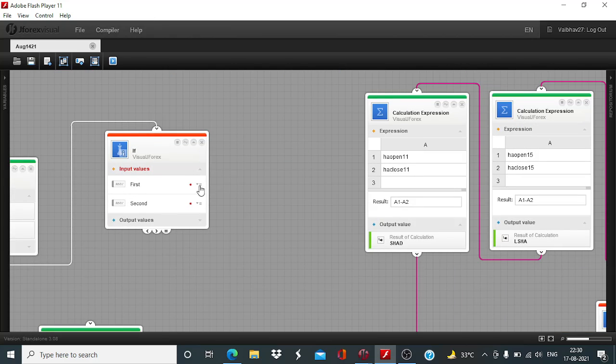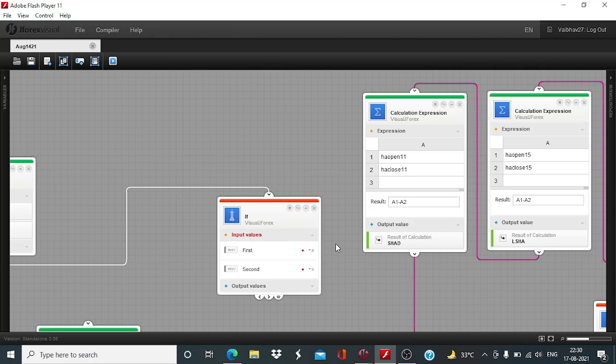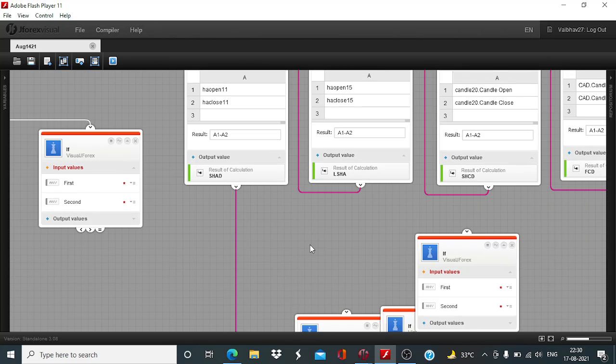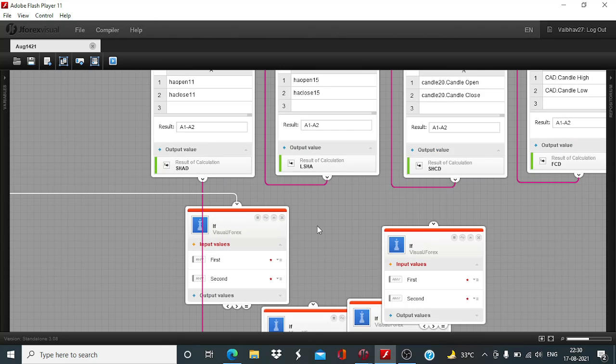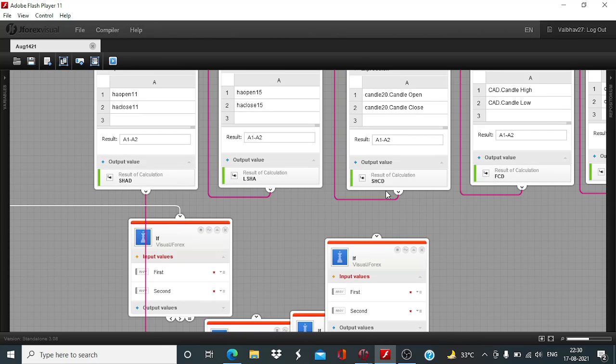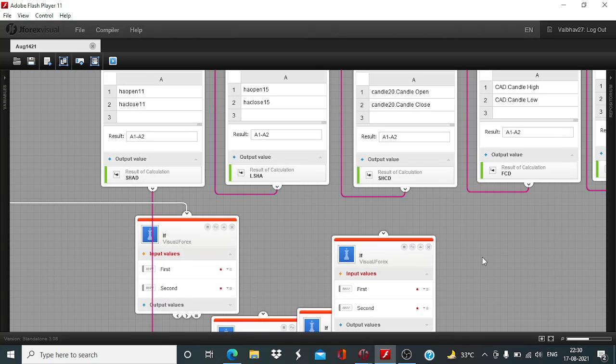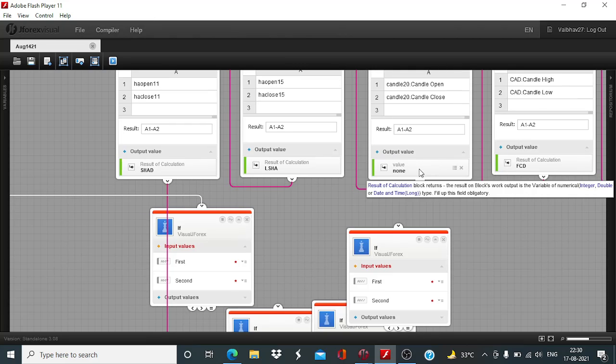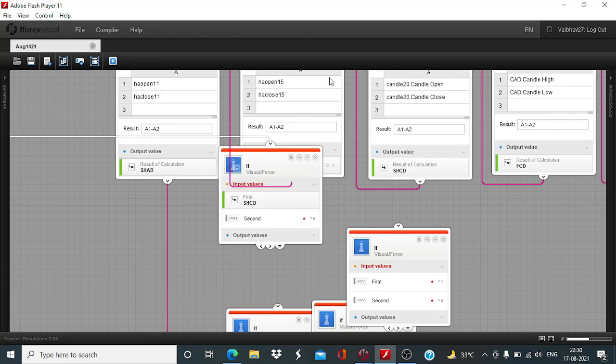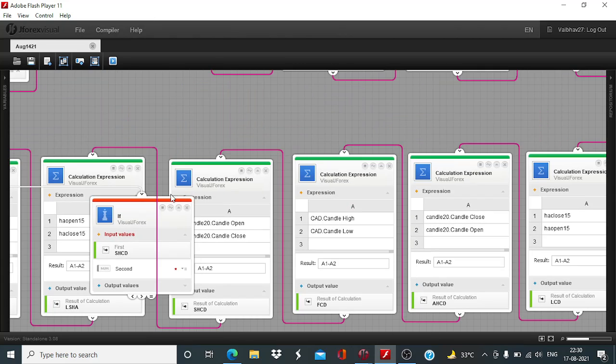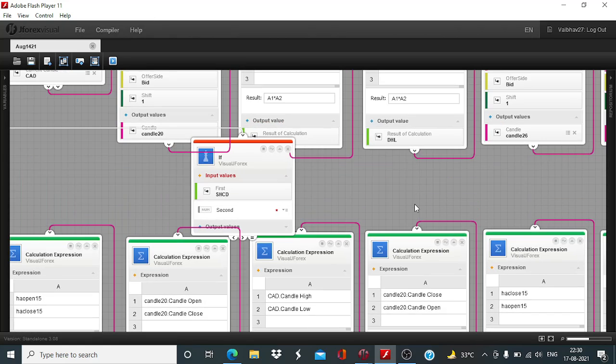And looking at the price action data, we will need the last hour's candle close to be less than its opening price by more than 5 pips. So the difference needs to be greater than 5 pips. 5 pips we have already defined.